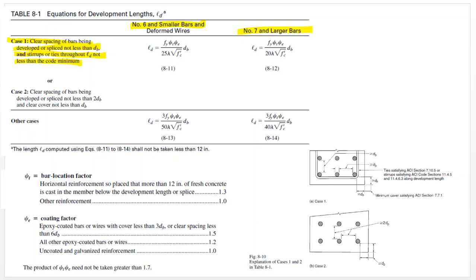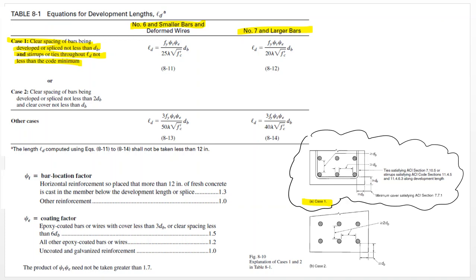This is case 1, and this is an illustration of how that works. So in order for you to be in case 1, you need to have stirrups satisfying the minimum requirements from the code. The spacing between rebar has to be greater than the bar diameter, and the surface distance also has to be larger than the bar diameter.